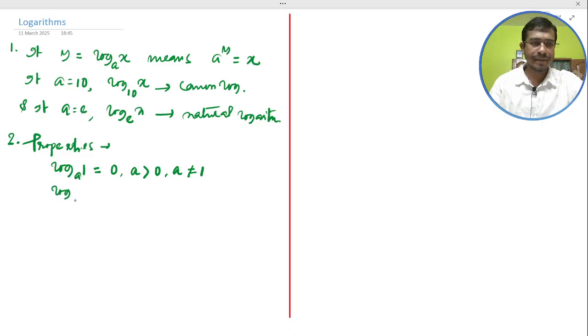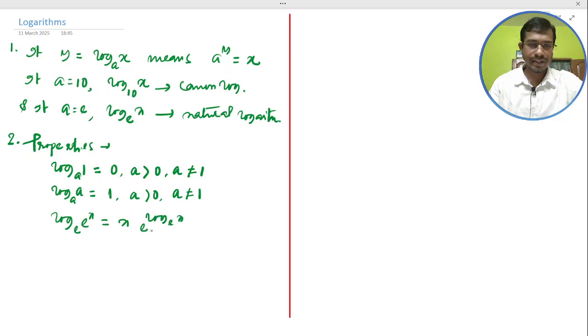Log a base a is equal to 1, with the condition a greater than 0 and a not equal to 1. Next, log e to the power x is nothing but x, and e to the power log x is equal to x.